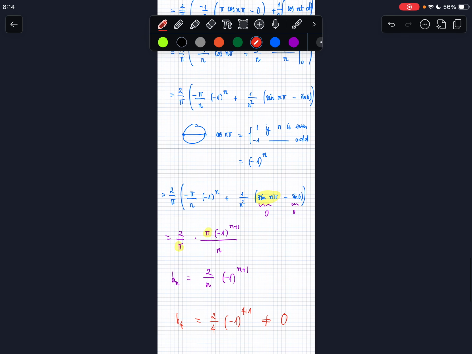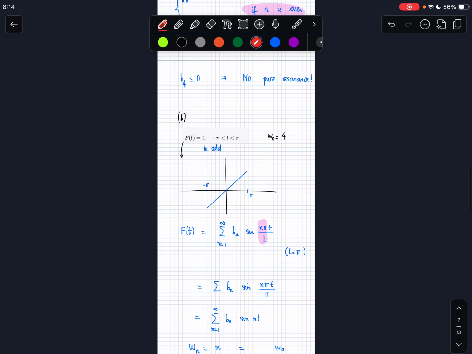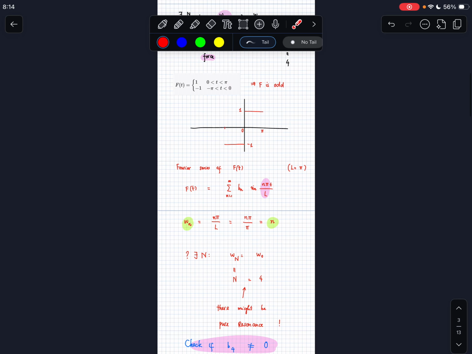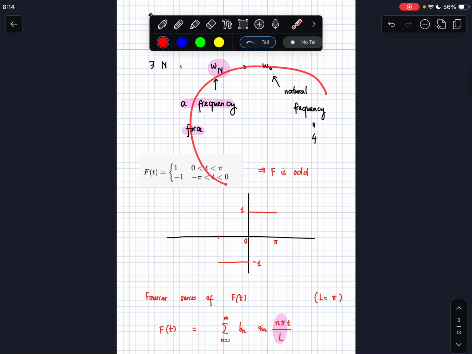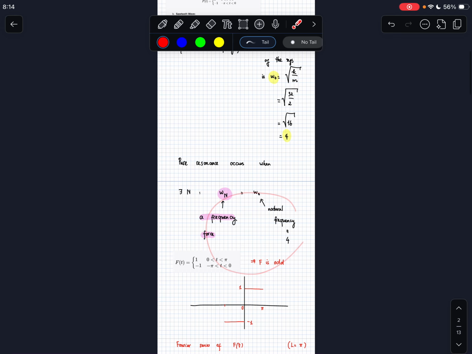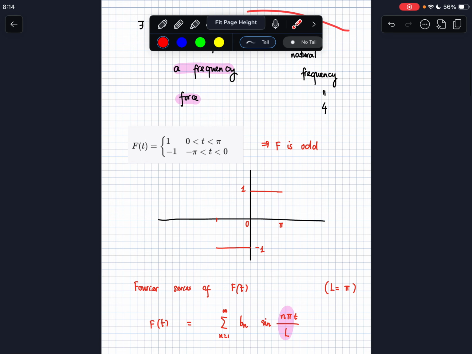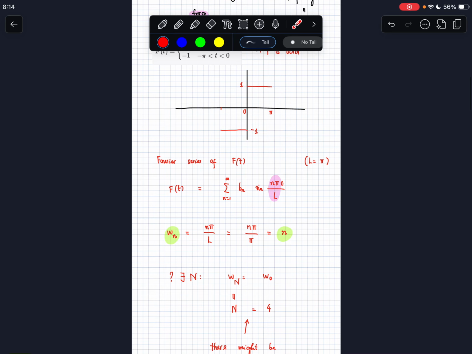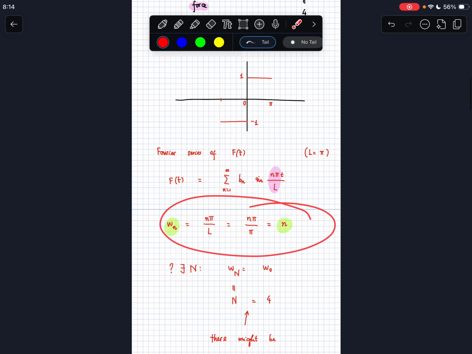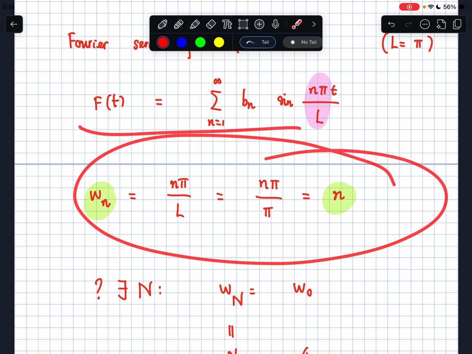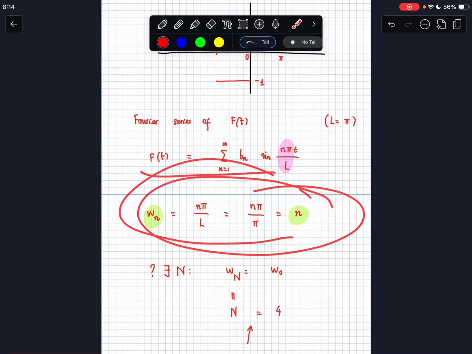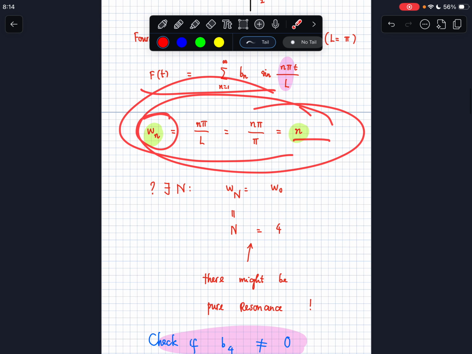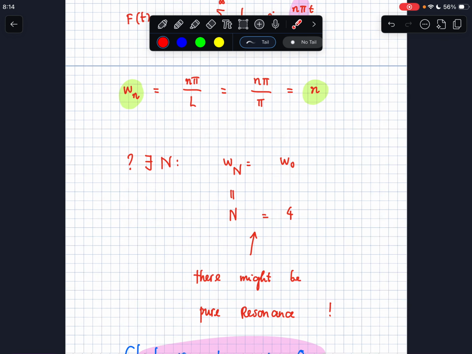So in summary, you need to compute the natural frequencies of the system, which is the easiest part. Then you write down the Fourier series of F, and you see the frequencies coming from the forcing. See whether there exists a natural number n so that these frequencies equal the natural frequencies of the system or not.